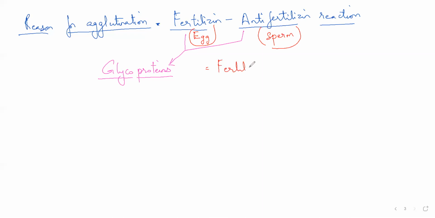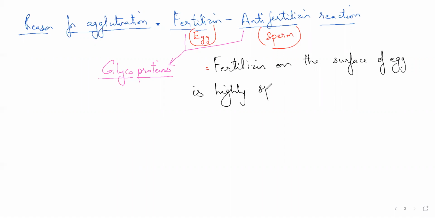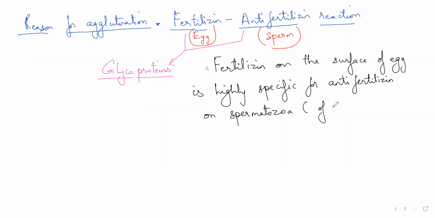Fertilization on the surface of egg is highly specific for anti-fertilization on sperm or spermatozoa of a species.